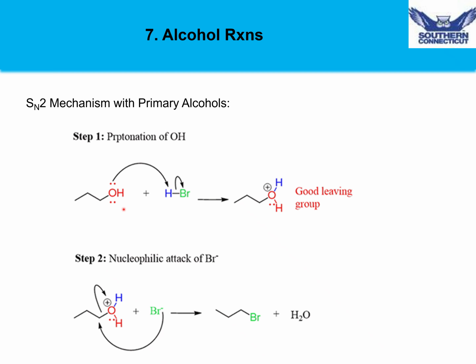This is turning the alcohol into a much better leaving group. In the second step, the halogen would attack the carbon where the alcohol is attached, which leads to an SN2 type reaction. So like any SN2 reaction, this would be a backside attack, eventually leading to a bromide being attached where the alcohol used to be.